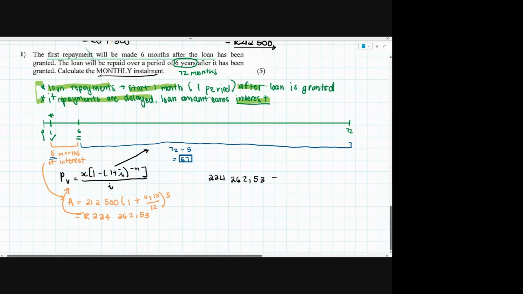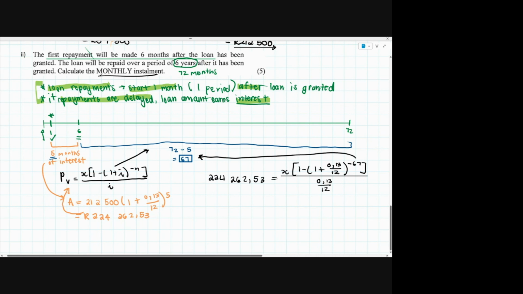We're calculating X, 1 minus (1 plus i), 13% compounded monthly, to the power of negative 67. And again, remember negative 67 because we did not make the first 5 months worth of payments. So now I need to repay it over 67 months rather than 72, all over our i value, which is that 0.13 over 12.